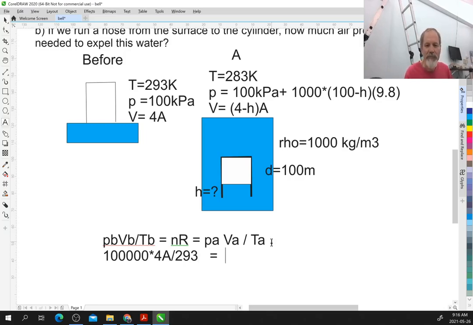My right side, my after situation, is going to be all this: 100 kilopascals plus 1,000 times 100 minus H times 9.8. For simplicity, let's make 9.8 equal to 10, so 10 meters per second squared gravity. So I can start to multiply this.